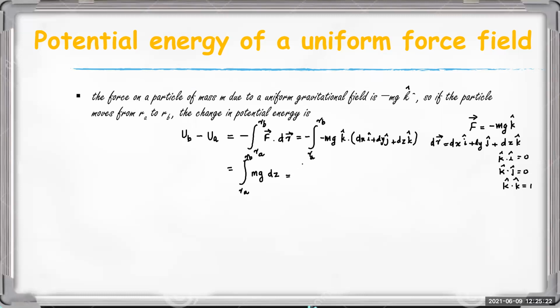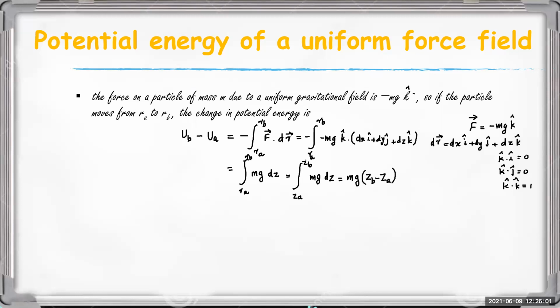Then I write the integral as za to zb of mg dz. In that quantity, mg can be taken outside, and integrating dz, we get z. Then applying the upper limit and lower limit, zb minus za, so it is equal to mg into (zb minus za).